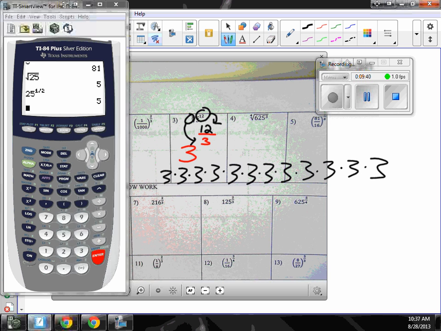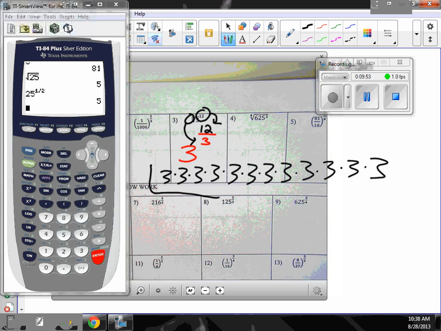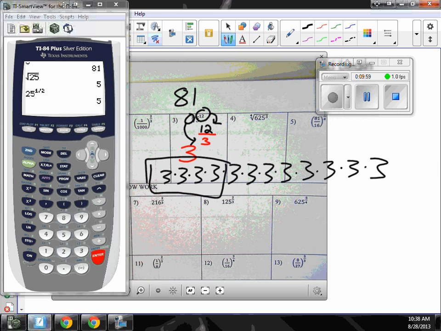Now, how many of those are we going to keep? A third. We're going to keep 1 in 3. So what is a third of 12? So I'm going to keep 4 of these, and that's my answer. 3 to the 4th is 81.